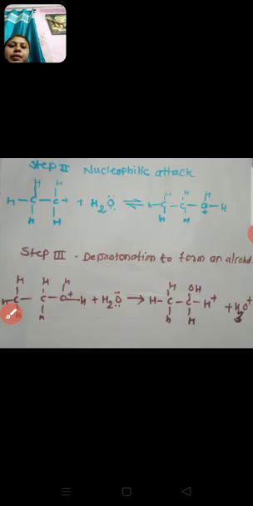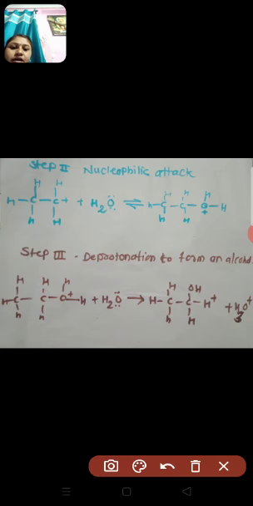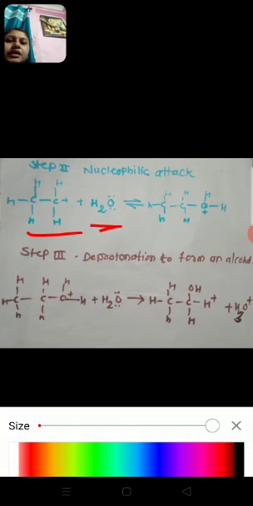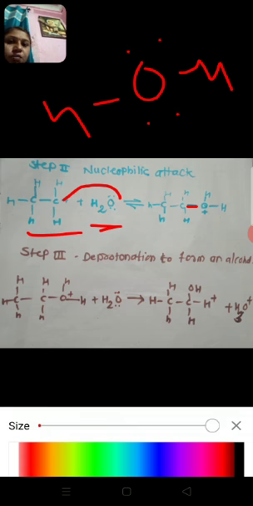In the second step, nucleophilic attack of H2O occurs. Here H2O attacks the carbocation. The lone pair of oxygen forms the bond between carbon and H2O. This bond is formed due to the lone pair of oxygen present in the water molecule; there are two lone pairs.